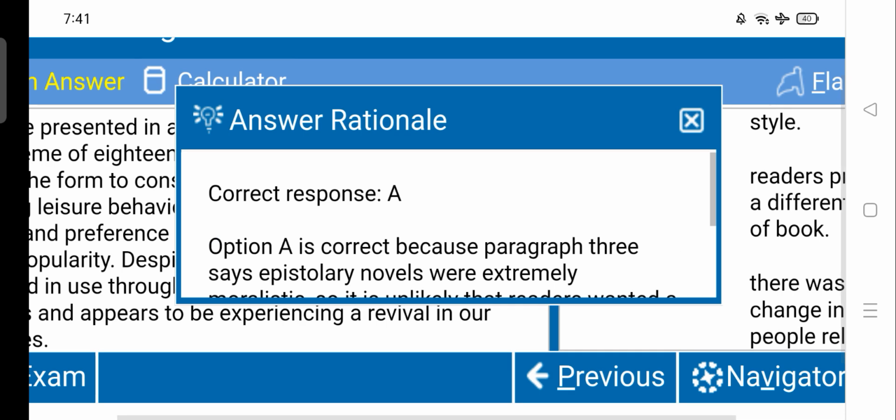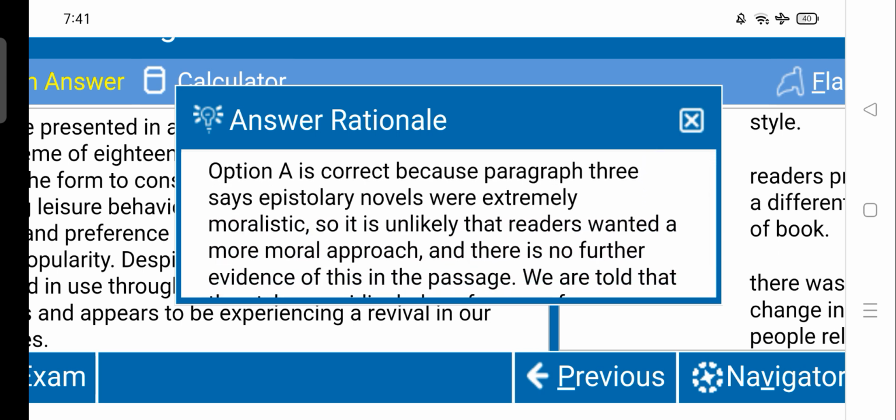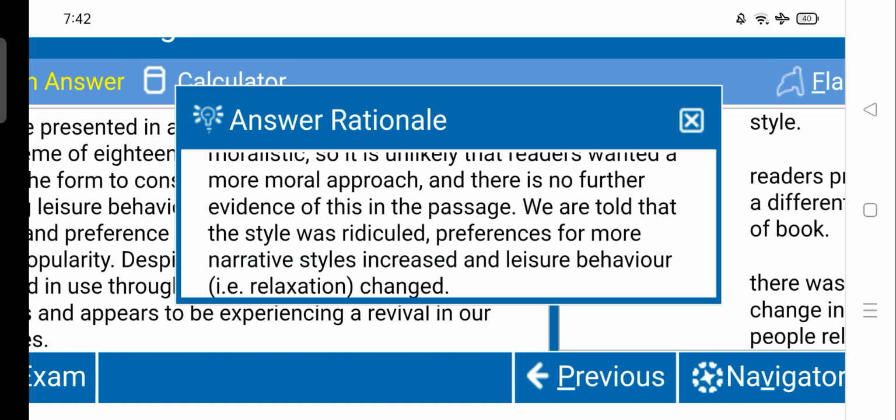You can now see which one is the correct option. Option A is correct because paragraph 3 says epistolary novels were extremely moralistic, so it is unlikely that readers wanted a more moral approach, and there is no further evidence of this in the passage. We are told that the style was ridiculed.